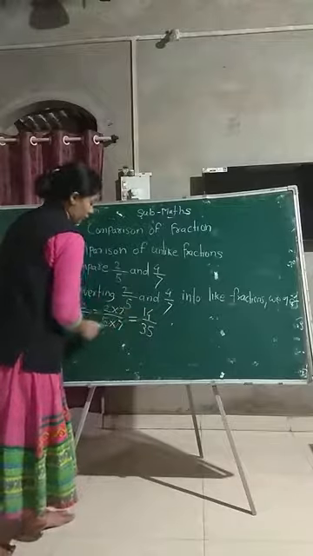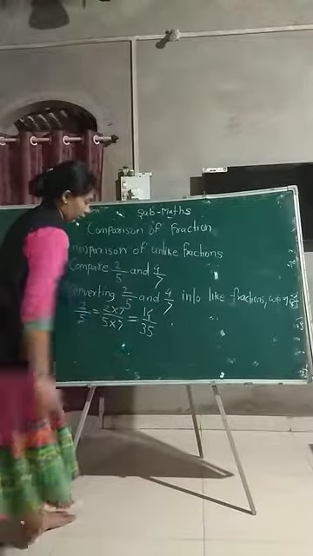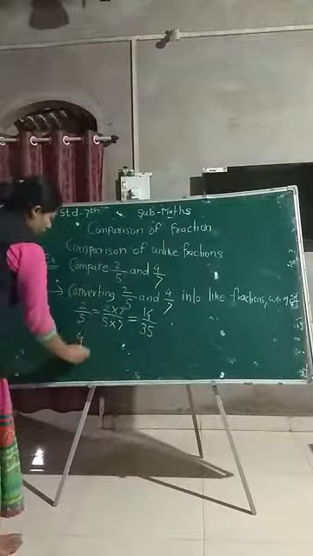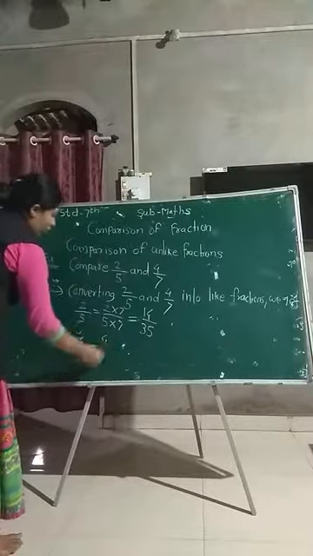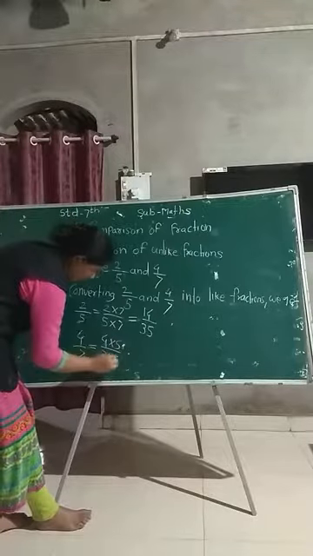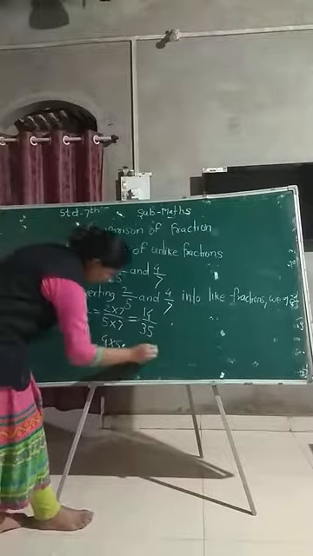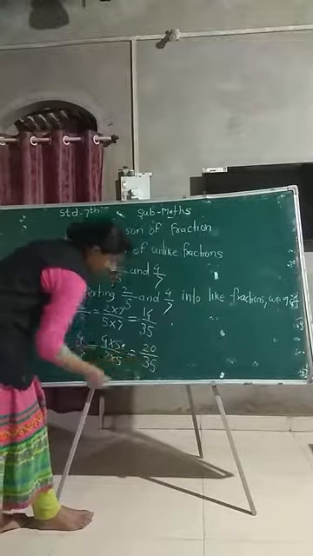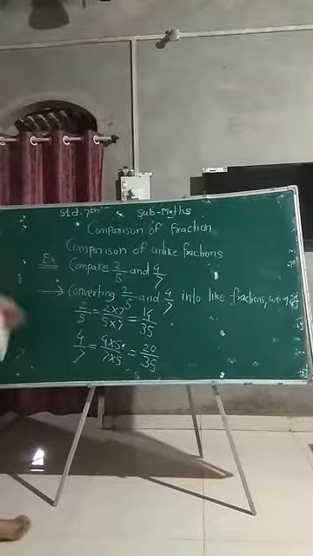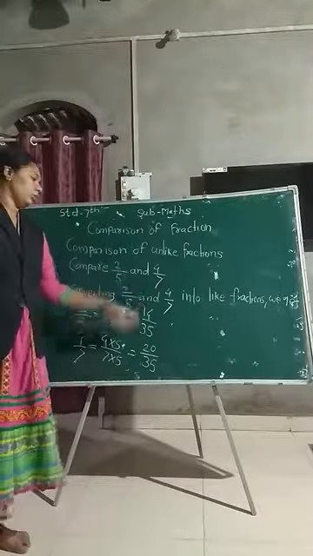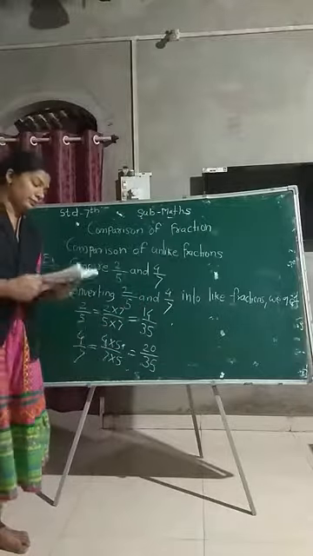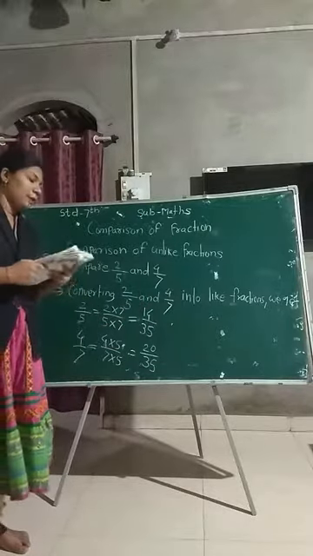Now 4/7 is equal to 4 into 5 upon 7 into 5, which is equal to 20/35. Now 2/5 and 4/7 become like fractions because they have the same denominator.